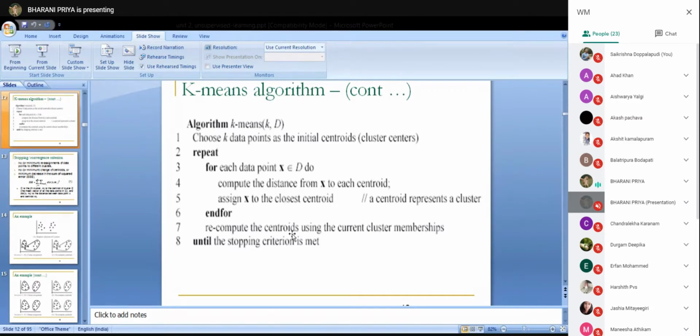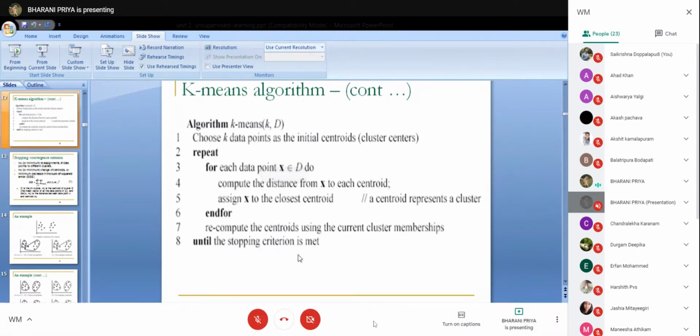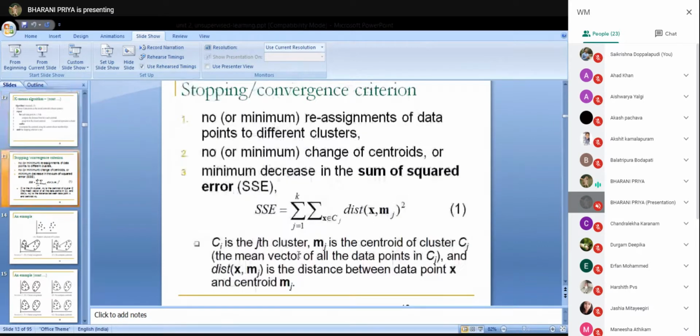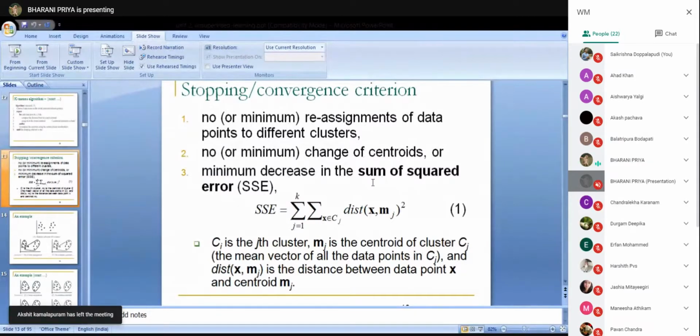After the clusters have formed, recompute the centroids using the new clusters until the stopping criteria is met. So the stopping criteria is no reassignment of data points to the clusters, or minimum or no change in centroids, or the sum of the squared error is minimum. Any doubts?